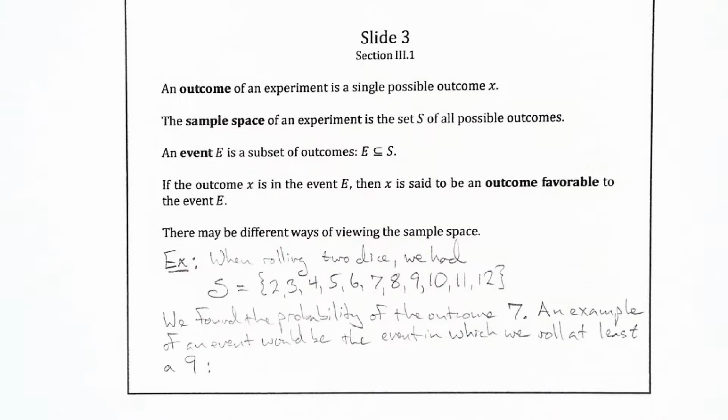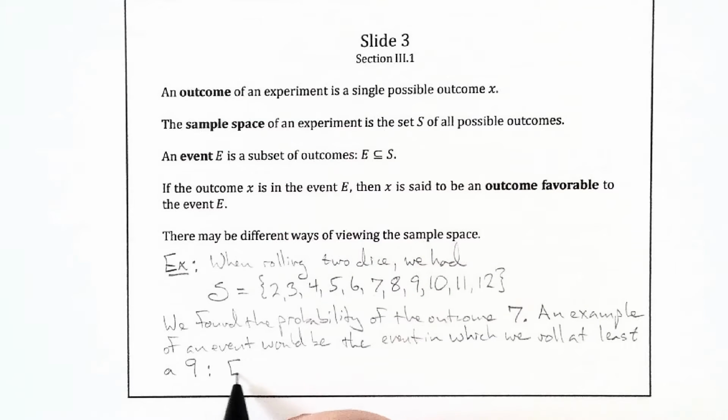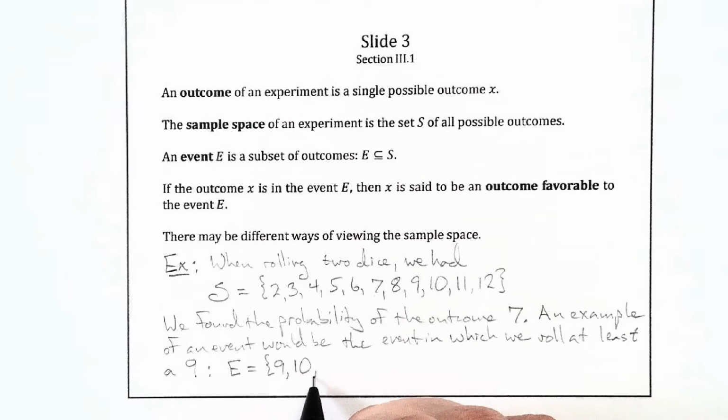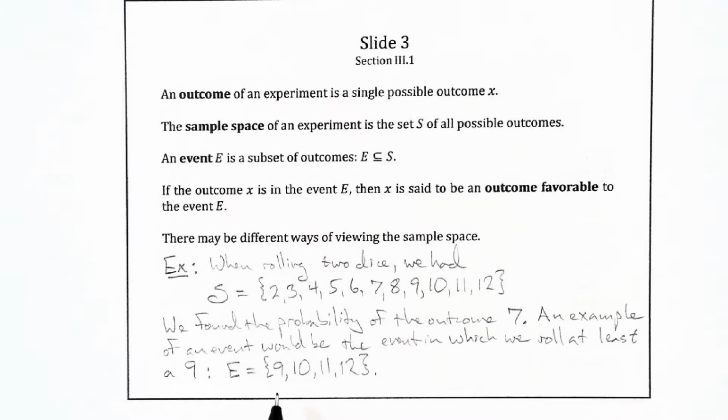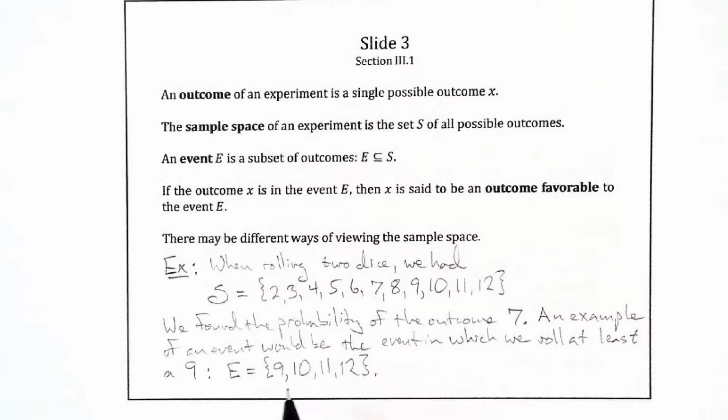So we roll at least a 9. So there we would say the event would consist of 9, 10, 11, and 12. These are the 4 outcomes favorable to the event E. Okay, so 9, 10, 11, and 12 are the outcomes that are favorable to the event E.